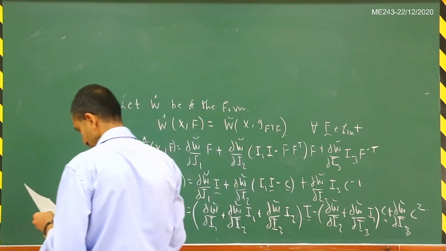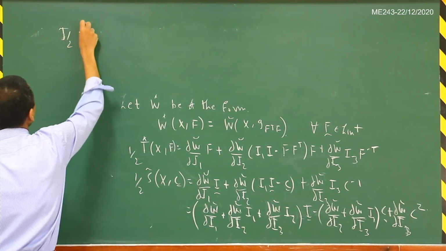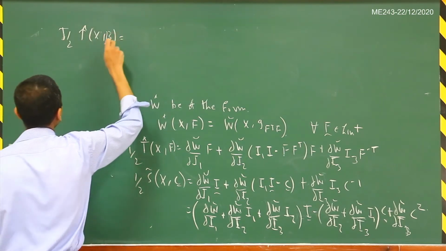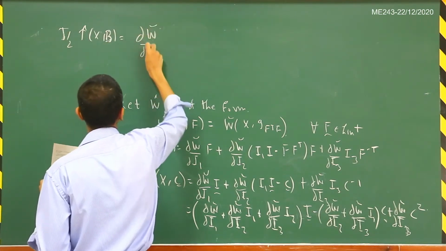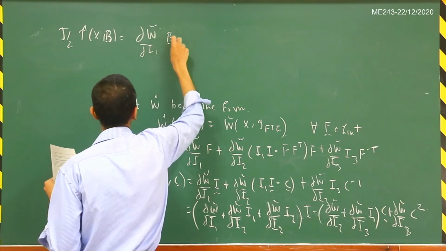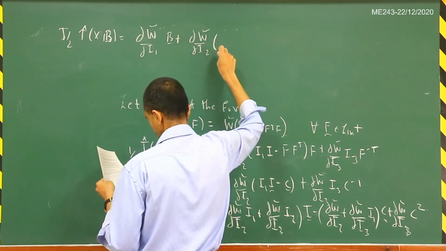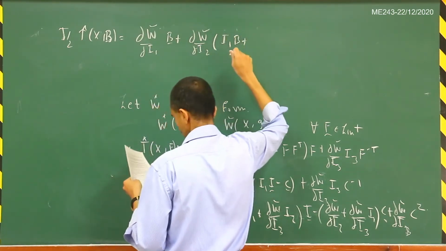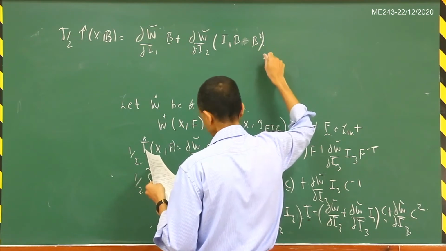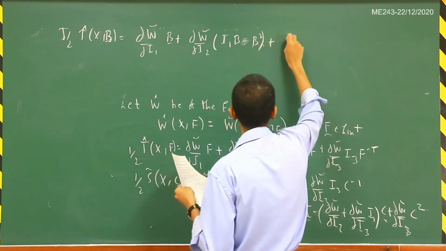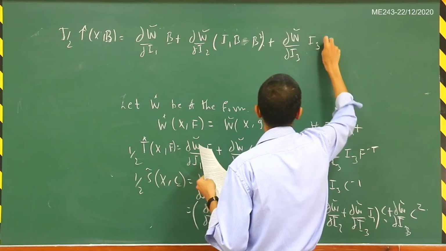So the Cauchy stress is J by 2 times tau hat of x comma b is equal to del W by del I1 times b plus del W by del I2 times I1 of b minus b squared, plus del W by del I3 times I3 times identity.